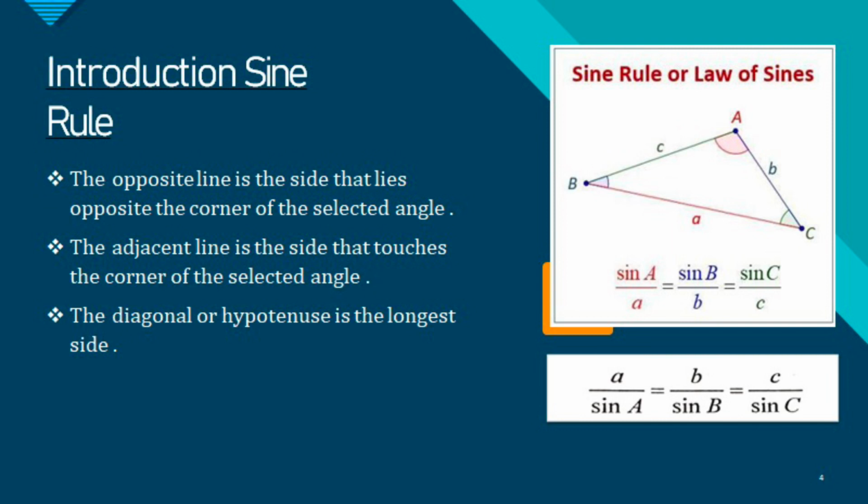As we can see on the left of the slide, for the sine rule or law of sines, uppercase A is an angle in degrees and lowercase a is a side, and the opposite line is the side opposite the corner.